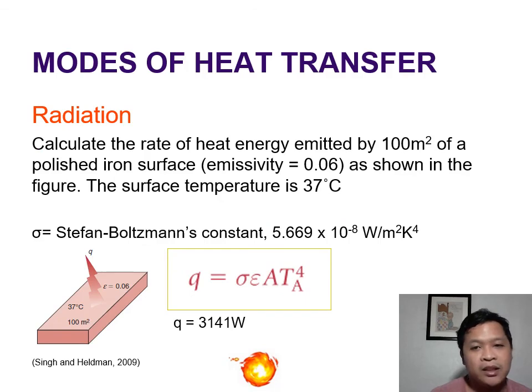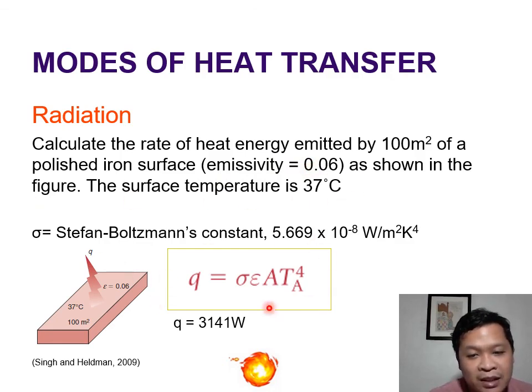So here's another straightforward problem for radiation. Given that you want to calculate the energy emitted by 100 square meter surface area of some polished iron surface, you know that the emissivity value is 0.06 and the surface temperature is 37 degrees Celsius.